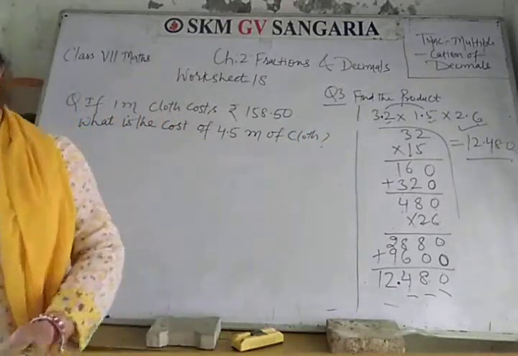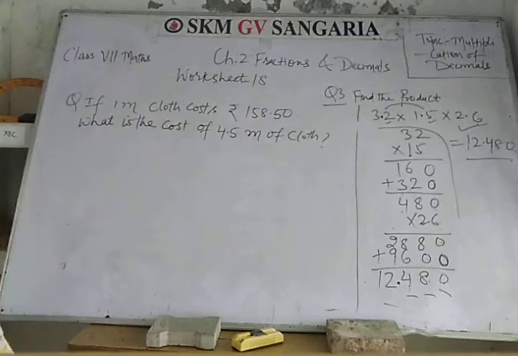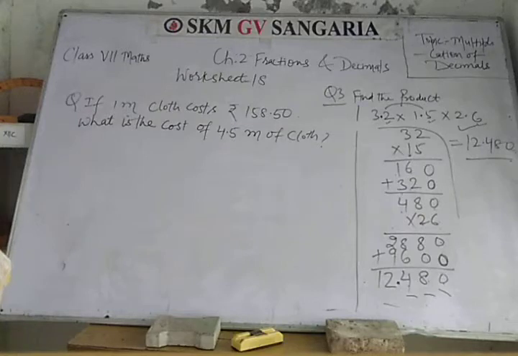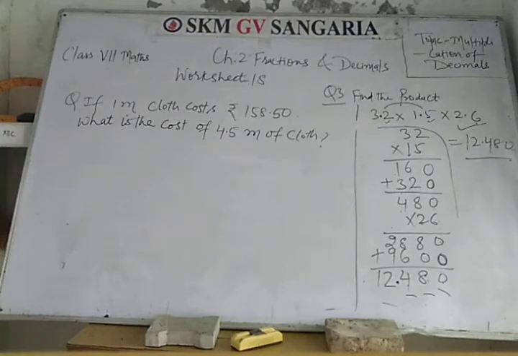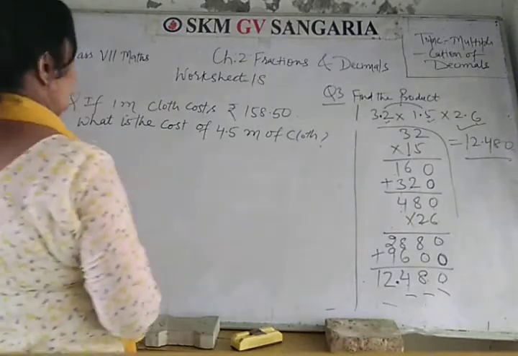Given the cost of 1 meter, you are asked to find the cost of 4.5 meters of floor cloth. Then what will you do? You will multiply. Okay?